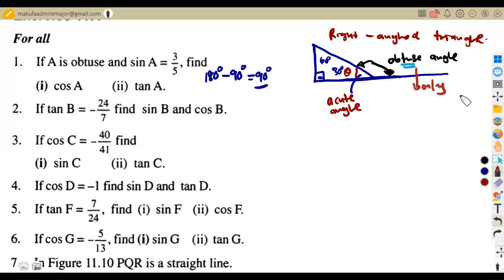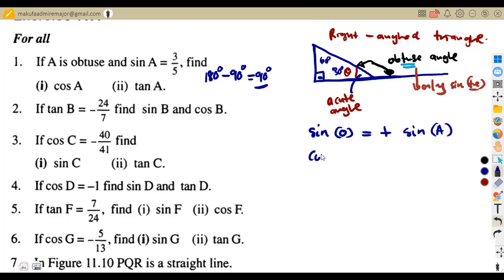Let me present this so that you'll be with me. Only sine is going to be positive. So back to our trigonometrical ratios, because the moment we talk about a right angle triangle, we think of the trigonometrical ratios. The sine of the obtuse angle is going to be the positive of the sine of the acute angle inside here.